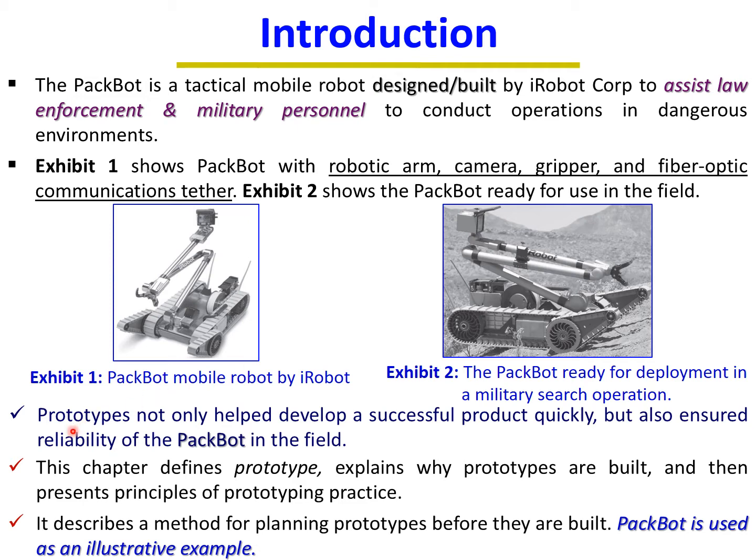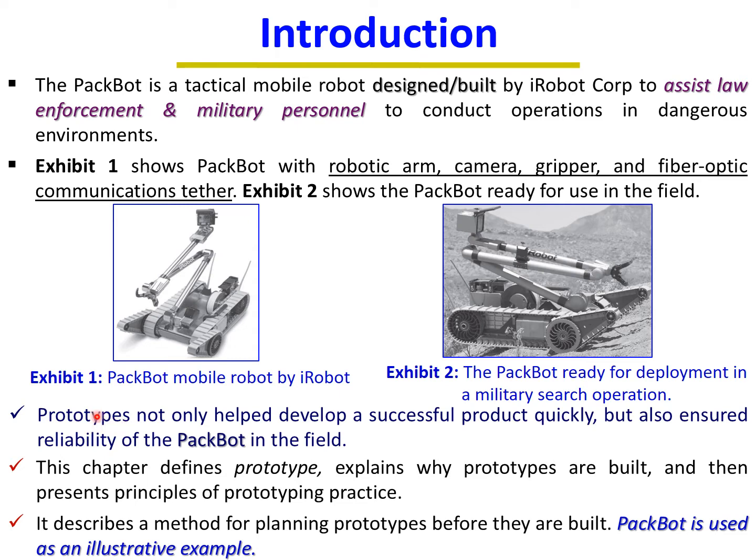Now, prototypes not only helped develop a successful product quickly, but also ensured reliability of the PAC bot in the field. So this is an actual example, a real example, that this product was developed from the concept design to the detailed design to the manufacturing and all the stages. But the technique of prototyping was used.